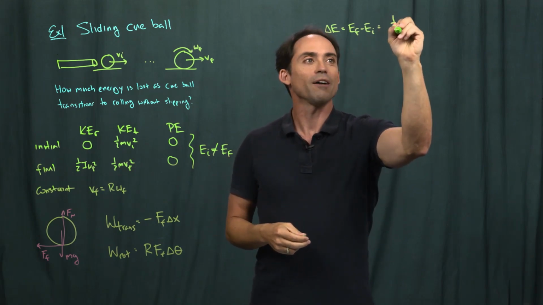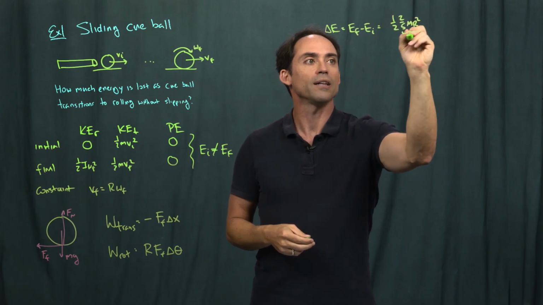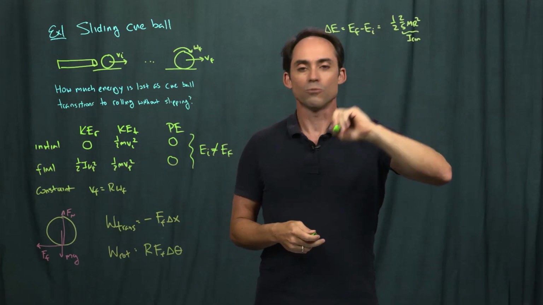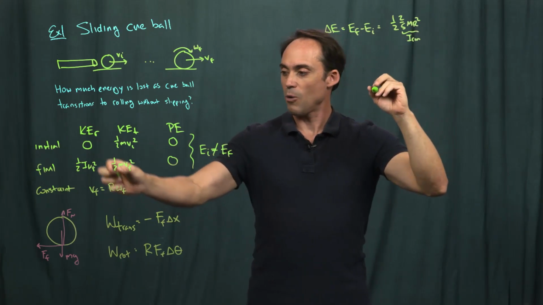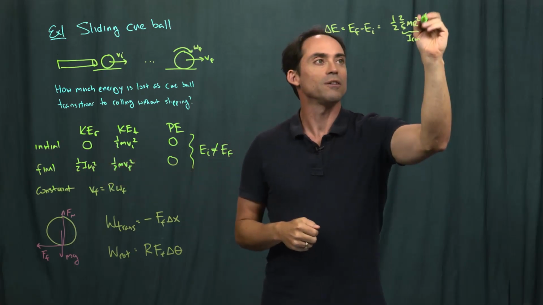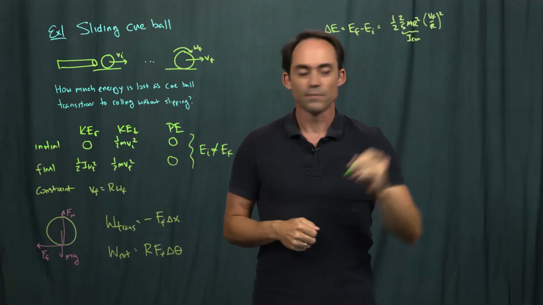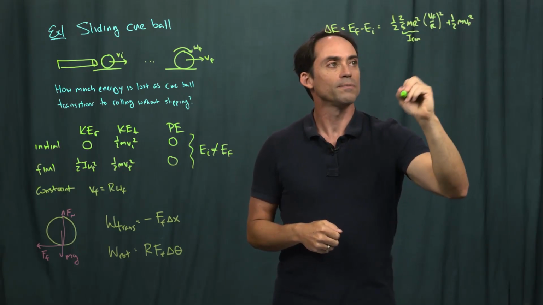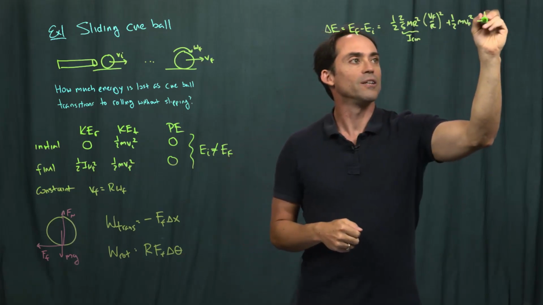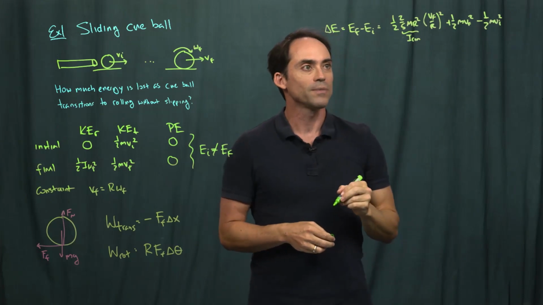We've got 1/2 times 2/5 m r squared, that's our center of mass moment of inertia for a sphere, times omega f squared, but that's just Vf over r, quantity squared, plus 1/2 m Vf squared, and then minus our initial kinetic energy.